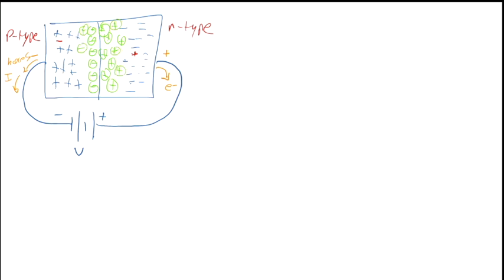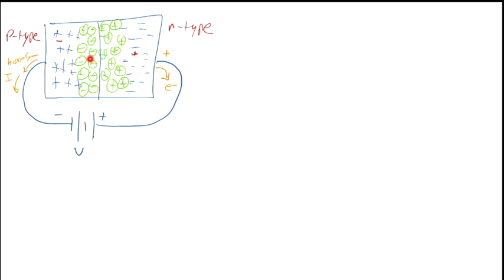And already the fixed charges cause majority carriers to be rejected out of this depletion region. So if we have a majority carrier, a hole over here, and a hole tries to come into this depletion region, and it can, because there's actually a pretty big physical distance between these fixed charges.